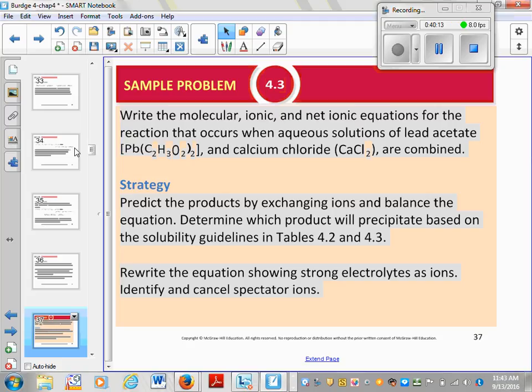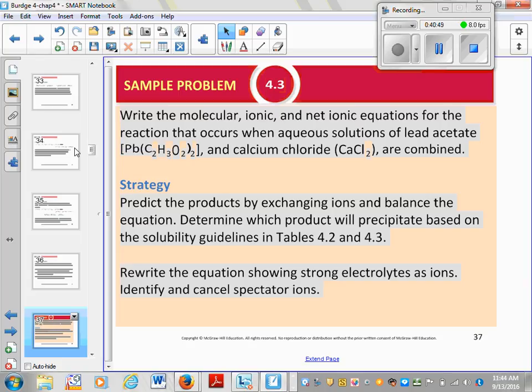So the first one, lead acetate, is it water soluble? What about acetates? If you look at that table, acetates are water soluble.